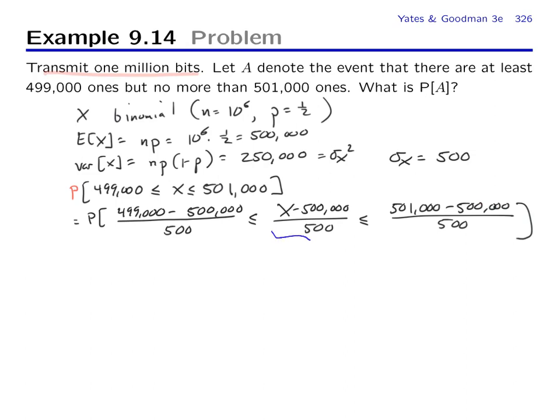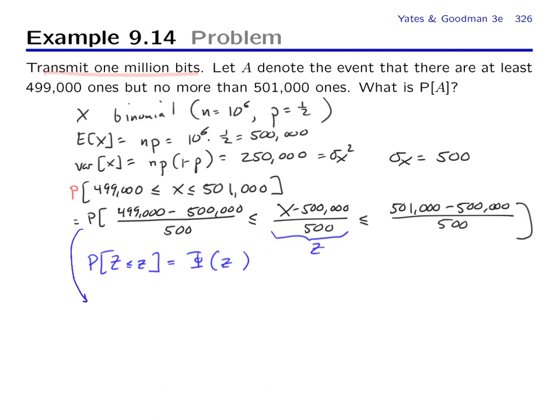So this is the zero mean unit variance Z that we use for the central limit theorem. And particularly the way the approximation works is that we assume that Z has CDF, probability Z is less than or equal to z, that's exactly phi of z, the CDF of the zero mean unit variance Gaussian.